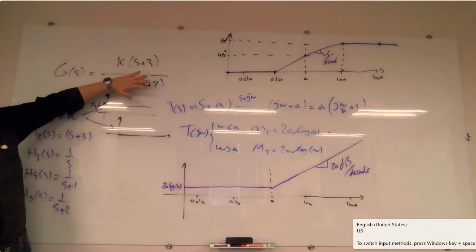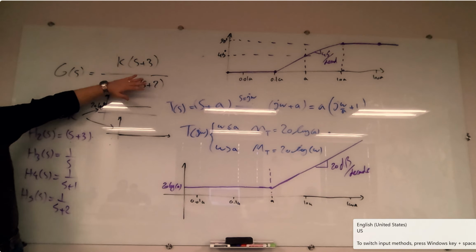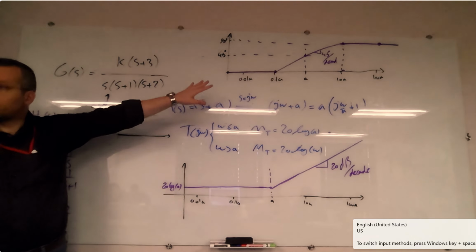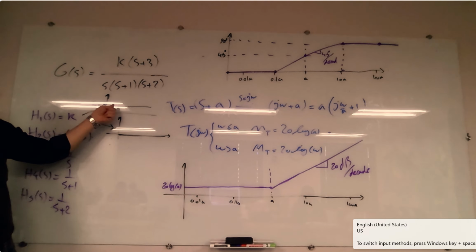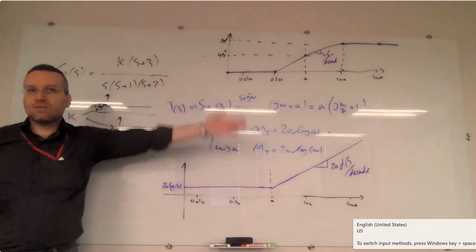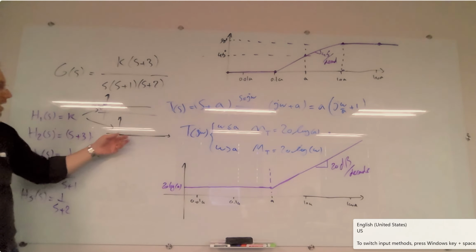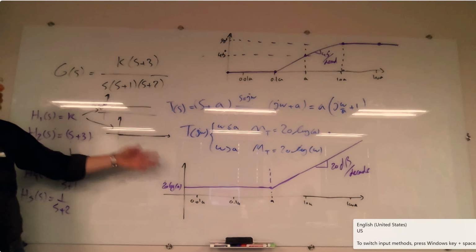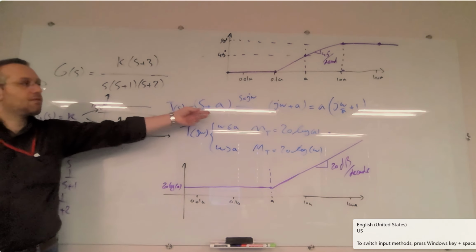If we didn't have any pole, the general transfer function would be the summation of these graphs, right? For the magnitude, it would be 20 log k plus the plot that we have here, which is a shift. For the phase, it doesn't change anything, so it's going to be the same phase as the s plus 3 that we have.